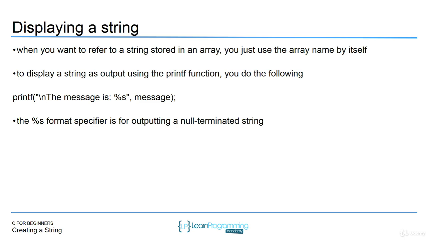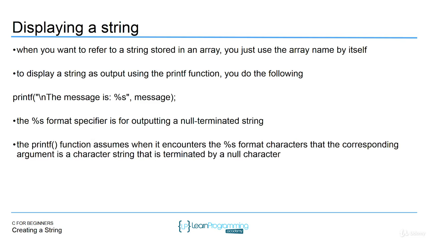So however you initialize the string, if you did it with no size and the null terminator was automatically added, or if you created it with a specific size and you added it, or if you added it explicitly, it doesn't matter. It just has to be null terminated. The printf function assumes when it encounters the %s format specifier that the corresponding argument is a character string that is terminated by a null character. That's what it expects, so it has to be that way.